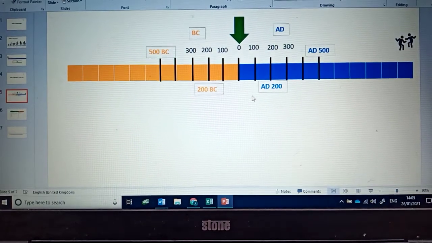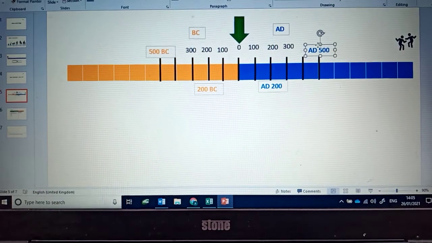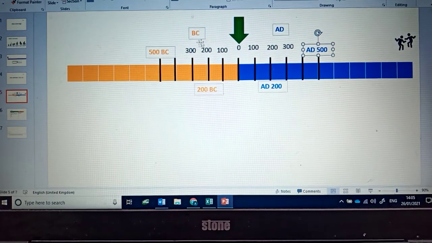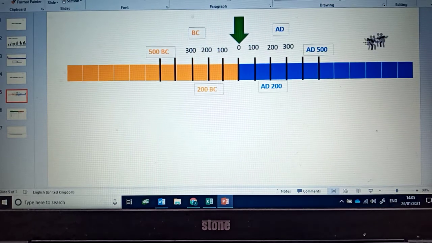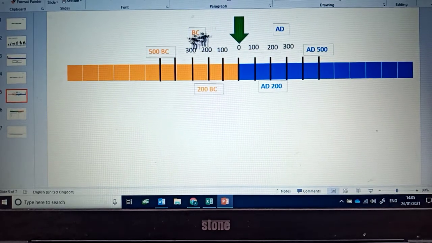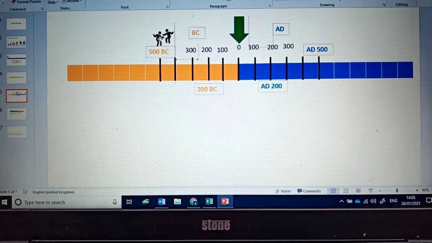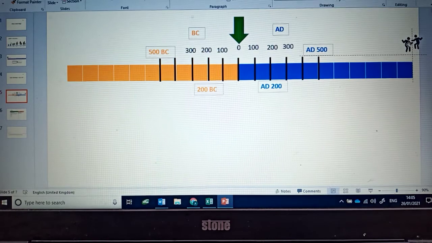One last thing before we leave this slide is that the year AD 500 is much closer in time to us than 500 BC. 500 BC is so much further back in time. So although it looks like they're the same dates, 500 and 500, they happened at totally different times.